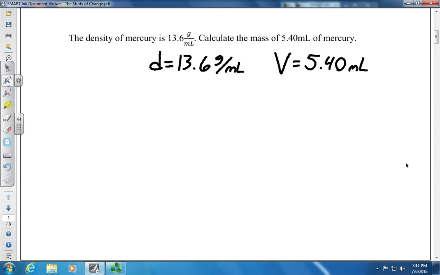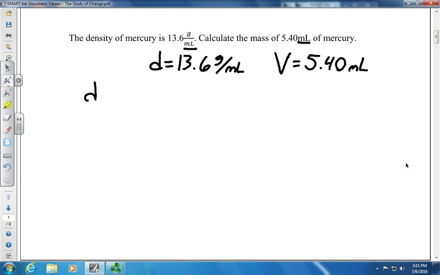milliliters. It's very important to look at your units. This unit has to match up with that. If for whatever reason you had it at 5.4 liters, you would want to convert to milliliters, or vice versa. You do not want to put this directly into the equation until you have all your units matching up appropriately. So then we have to figure out, in this equation, we need to find the mass.